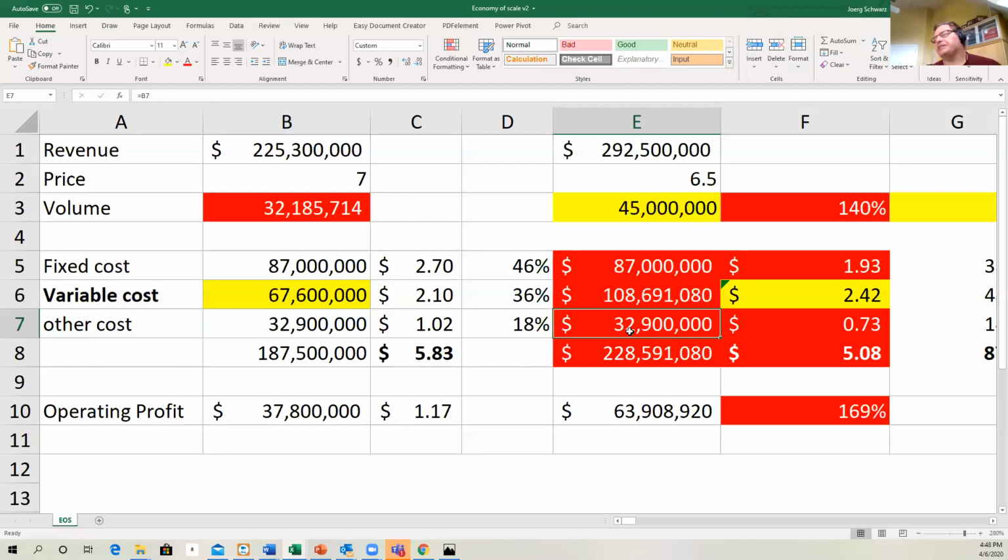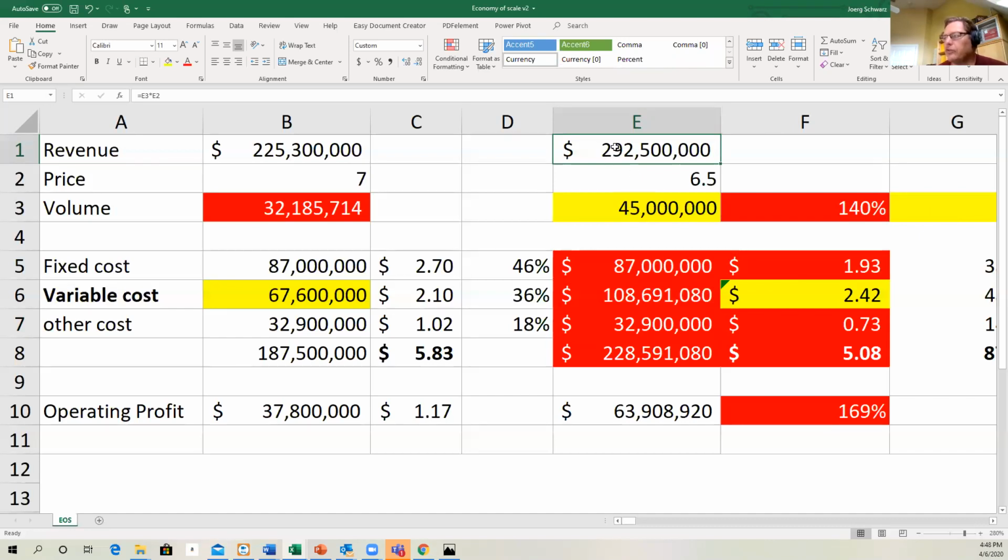What you will see is that other costs, and I explained that in the beginning, will change from year to year. But in this calculation, it doesn't matter, right? What will change other costs is if, let's say, I produce $292.5 million in revenue because I'm choosing this and I generate 45 million units in demand.